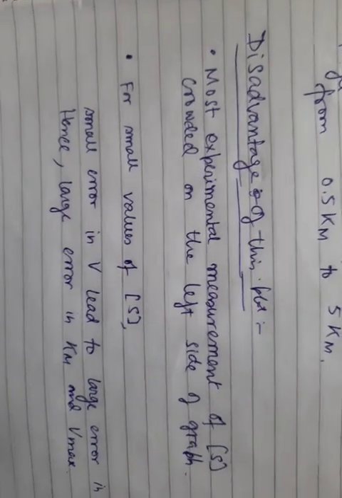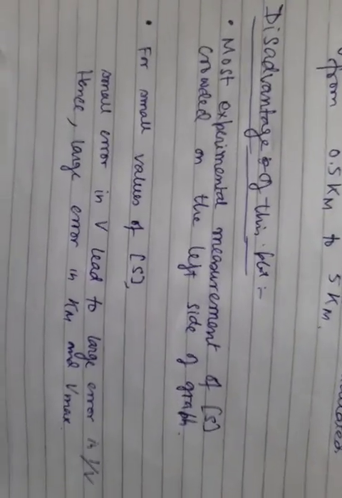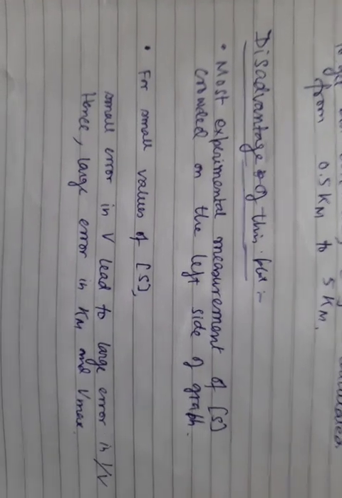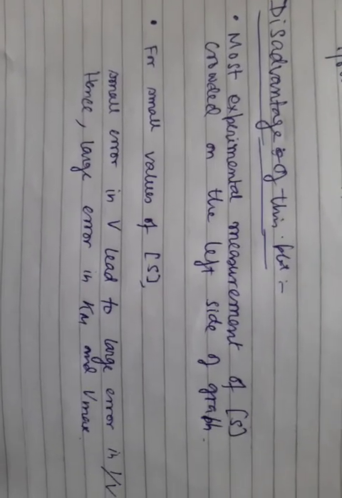To get the best estimates, the substrate must be measured from 0.5 Km to 5 Km. This is the range we use. The disadvantage of this plot is that in most experiments the substrate points get crowded on the left side of the graph.